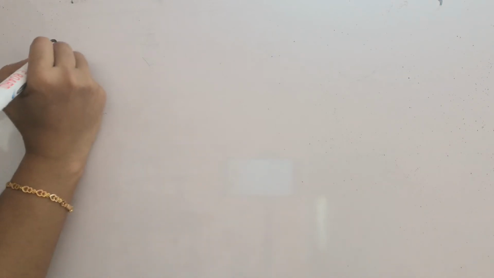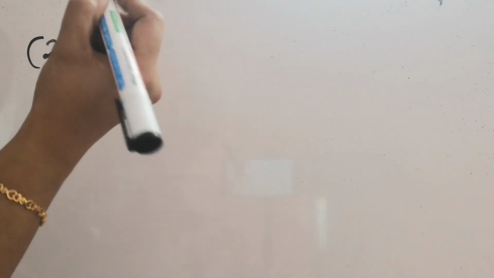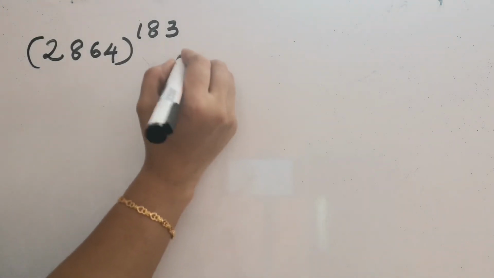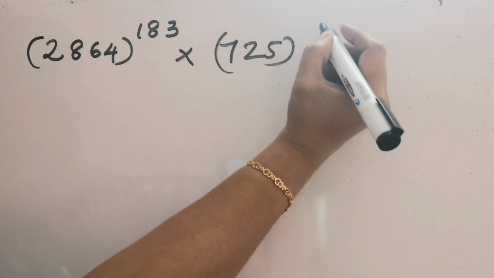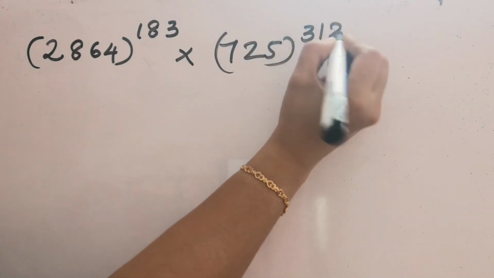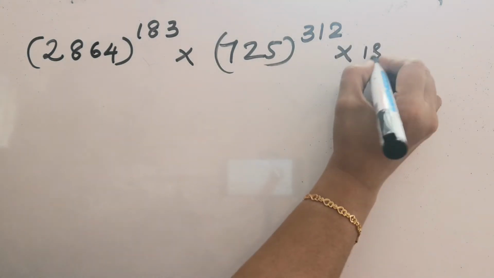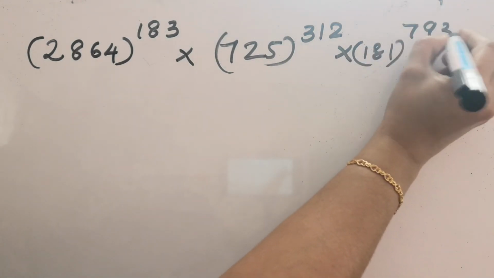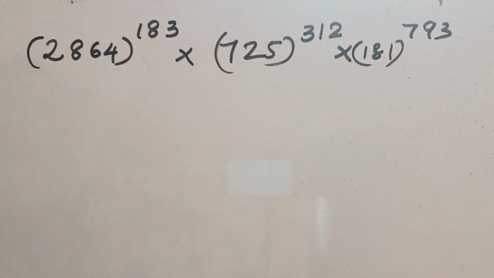There is no need to find the power of this large number, you just use this trick only. So we move to the next problem. 2864 raised to 183 multiplied with 725 raised to 312 multiplied with 181 raised to 793. So here 4, 5 and 1. What is the rule of 4?